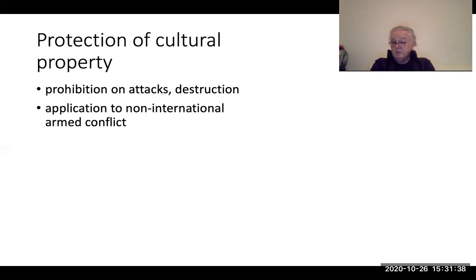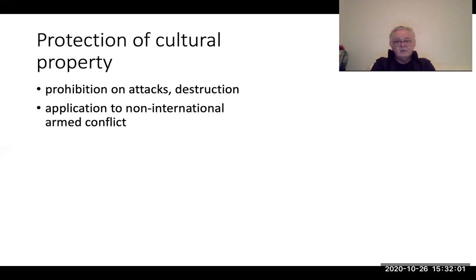And we have monuments and cultural things that can arguably claim to be cultural in that sense, or historical, that all they do is commemorate atrocities and individuals who were responsible for atrocities, and maybe they shouldn't be there. This is part of the complexity of the protection of cultural property.